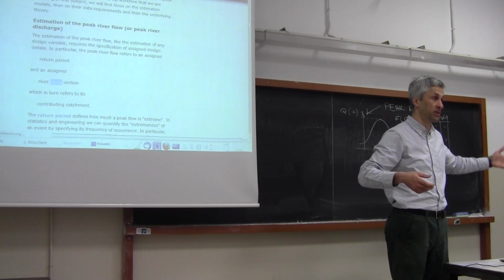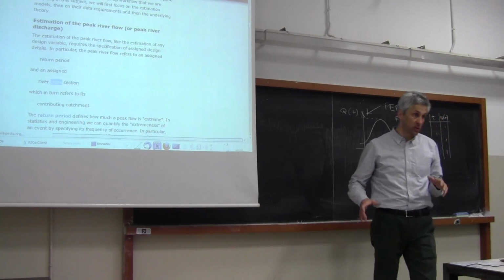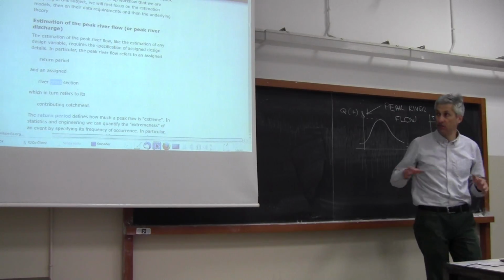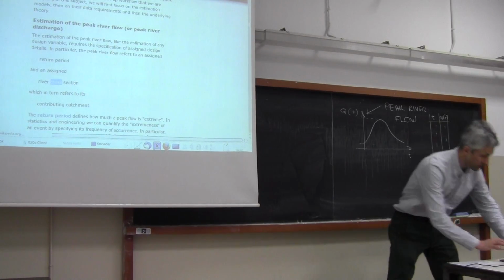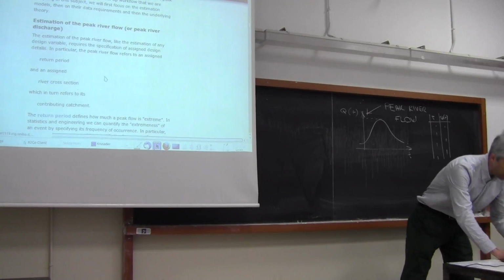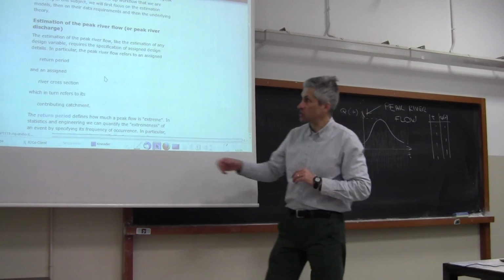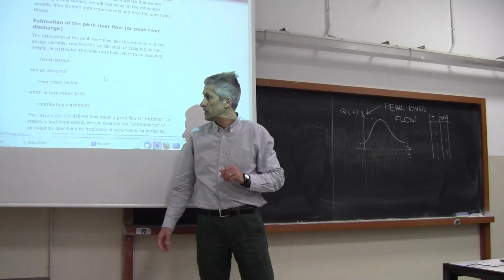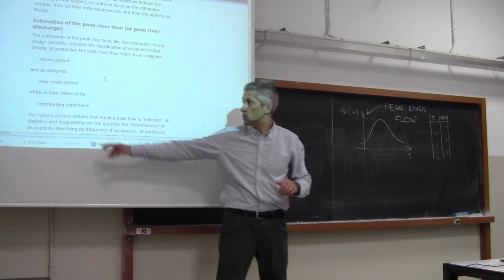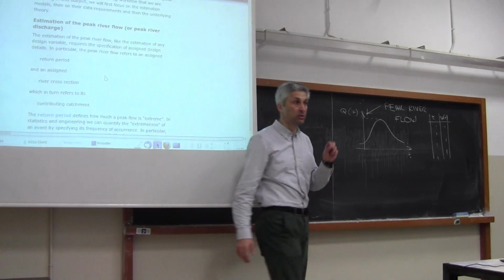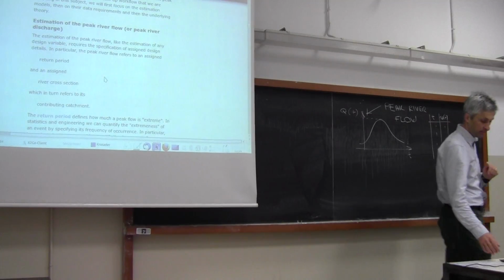So you need some specification. For the case of the peak river flow, you need to specify three main quantities: the return period, the river cross-section, which in turn refers to its contributing catchment.